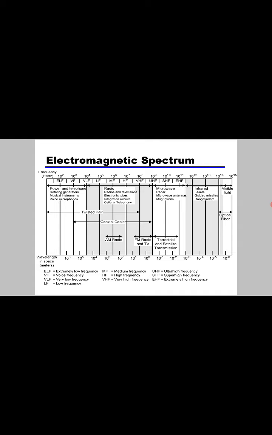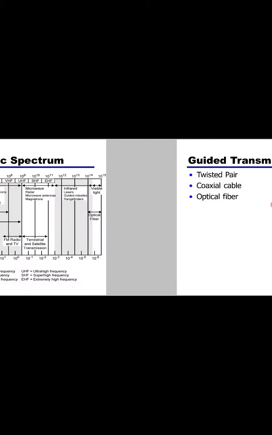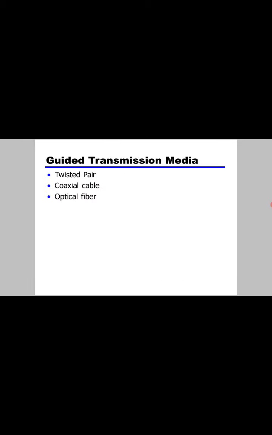There are different types of mediums like twisted pair, coaxial cables, radio, TV, satellite transmission, microwave, infrared transmission, and optical fibers. So these are the wavelengths, and here we use frequencies and wavelengths. All these methods or types we may discuss here.